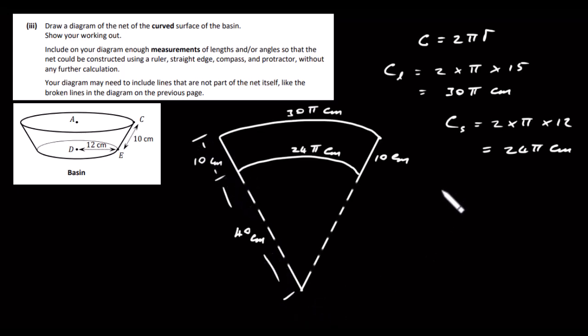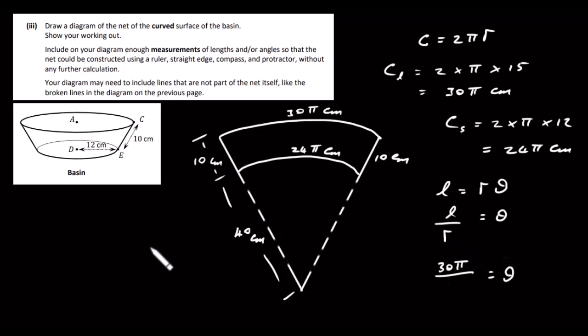So I'm going to use again the formula in your tables. L is equal to R times theta. So theta is just going to be equal to L over R. So theta is equal to L, which is this distance here, which is 30 pi, over the radius of this circle here.